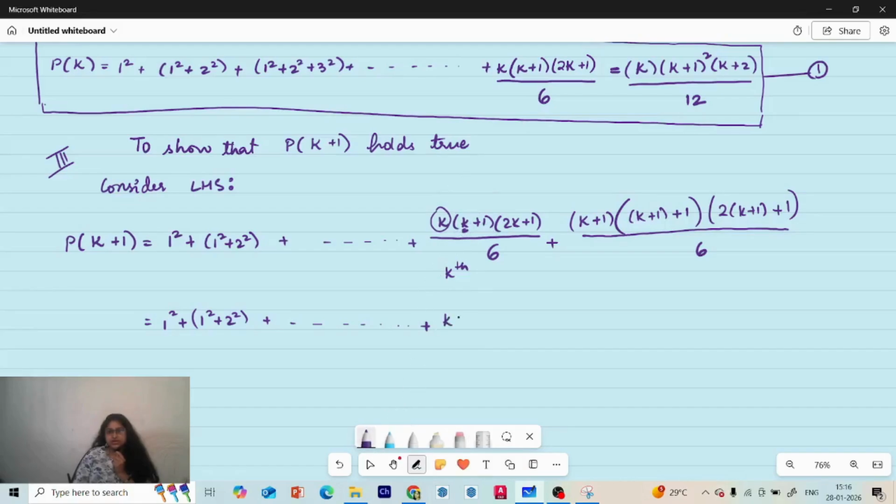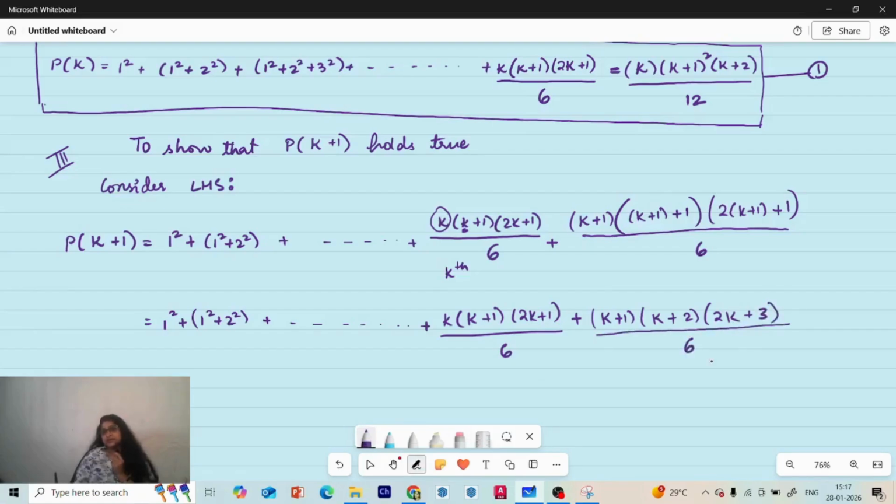So k into k plus 1 into 2k plus 1 by 6 plus, idi simplify cheste, k plus 1 into k plus 2 into 2k plus 2 kada, 2k plus 2 plus 1. So it's going to be 2k plus 3, right? 2k plus 3 by 6.